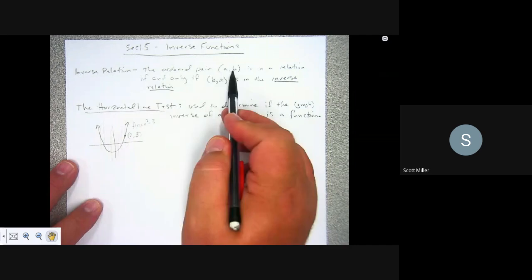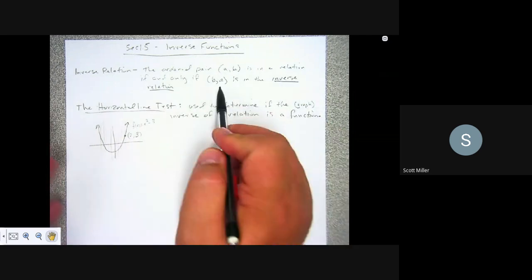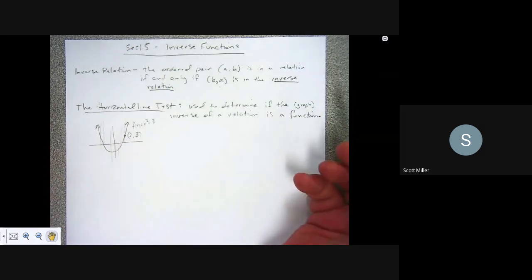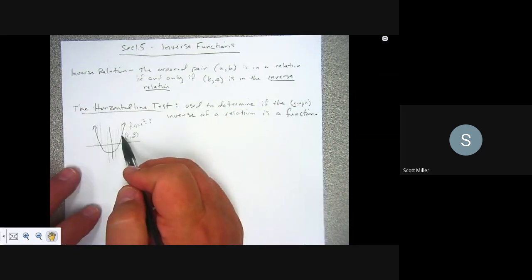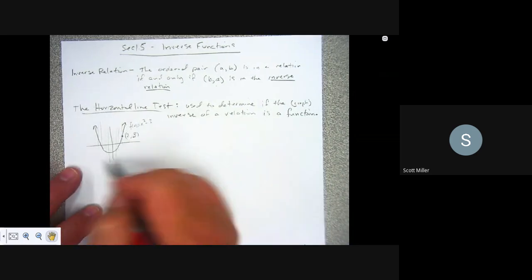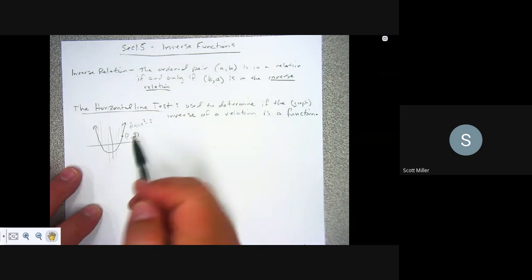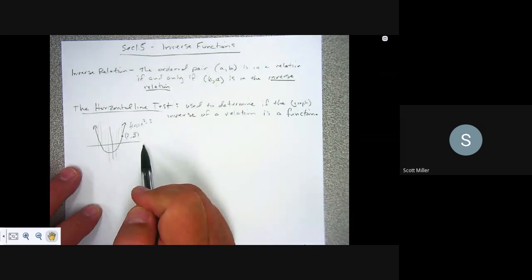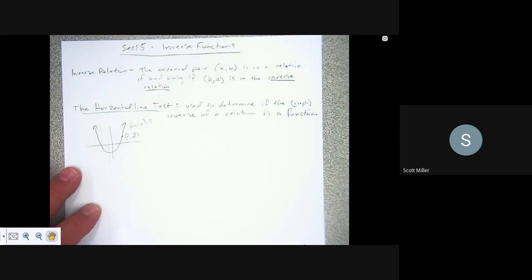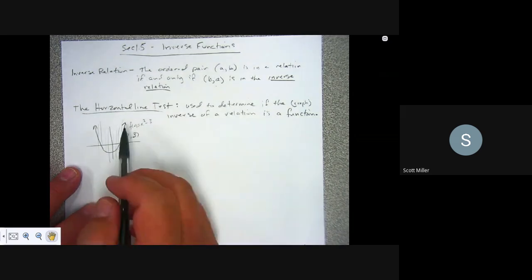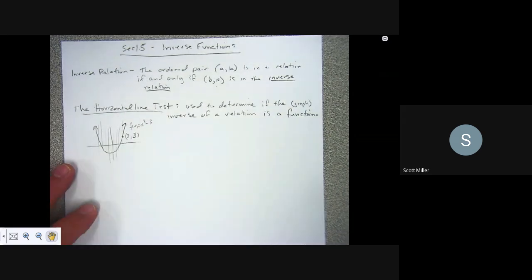So if I have a point on a relation, then the switched point is on its inverse. That's the definition. What we want to determine is whether that inverse, which I haven't looked at yet, is also going to be a function.